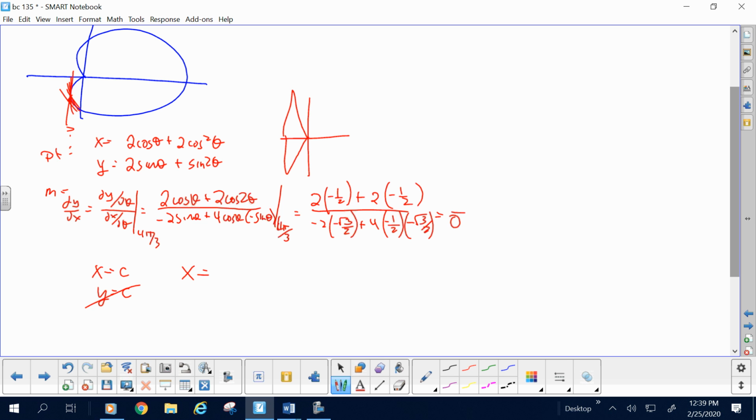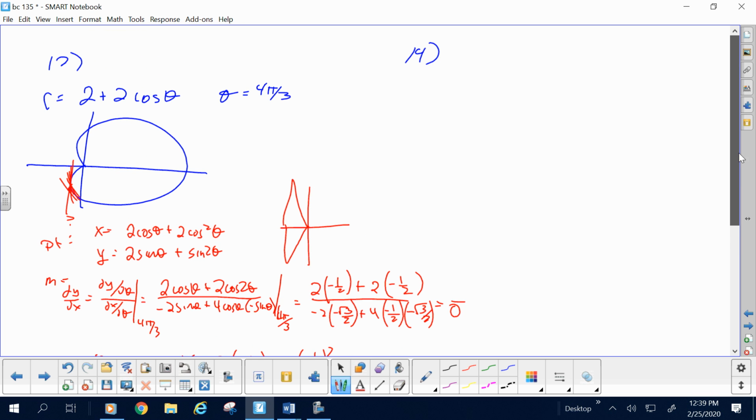I just need to know what the x is. 2 times negative 1 half plus 2 times negative 1 half squared, negative 1 plus a half. I'm getting a line of x equals negative 1 half. Please tell me that's right. Okay, cool. That was a humdinger. These are a little tedious.